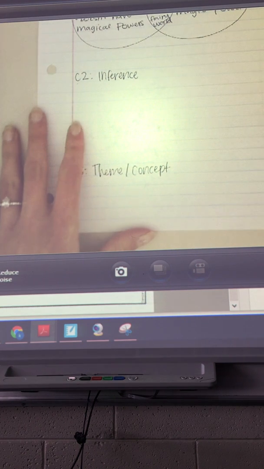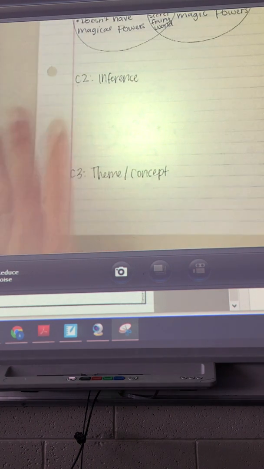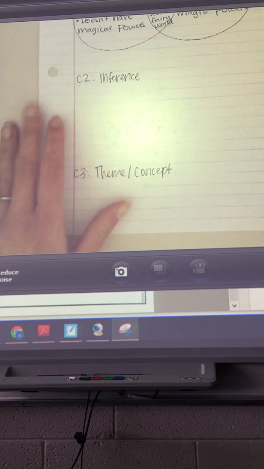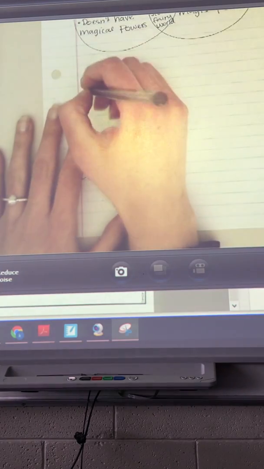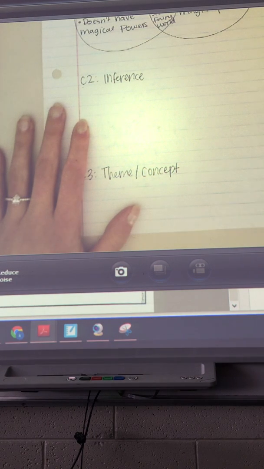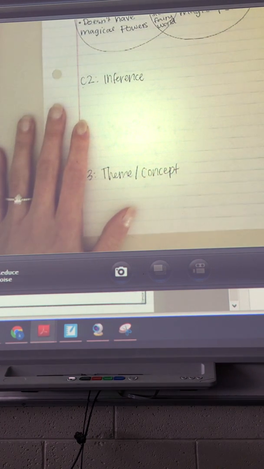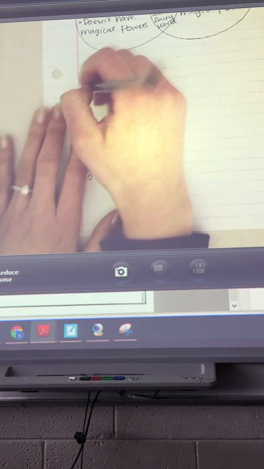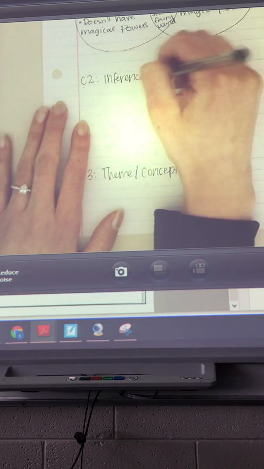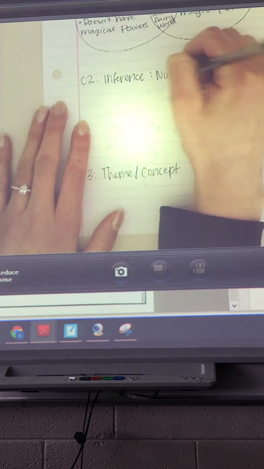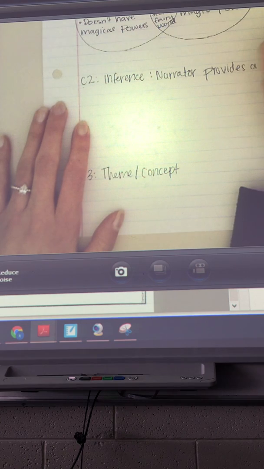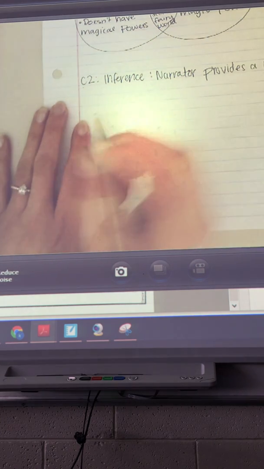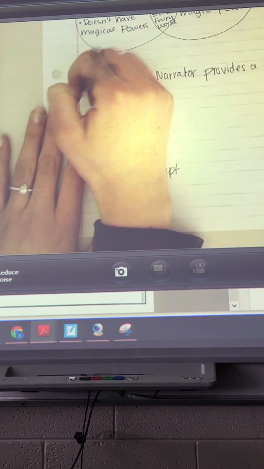So let's first go, not to get ahead of ourselves, what evidence does the narrator provide to support this claim? So let's first state that the narrator provides us a memo. Narrator provides a memo from Mary Poppins.